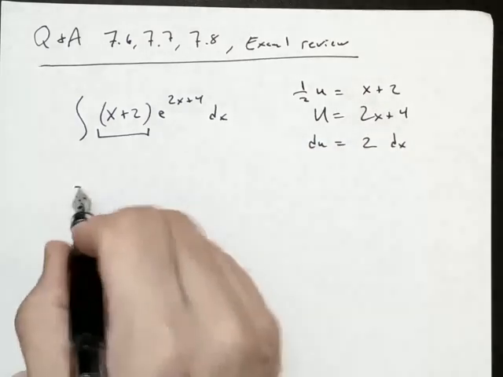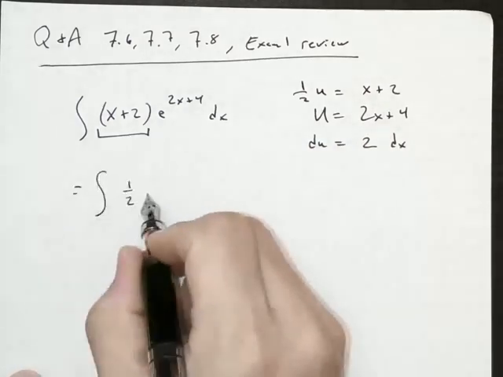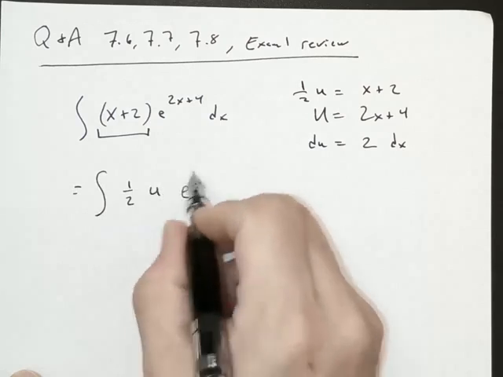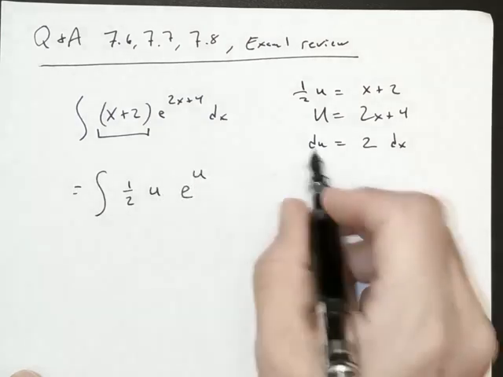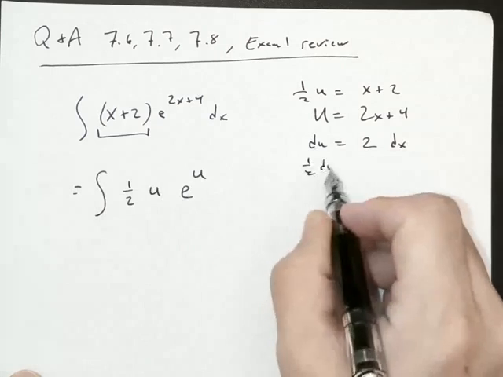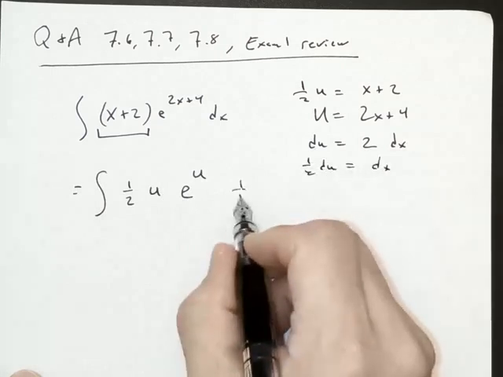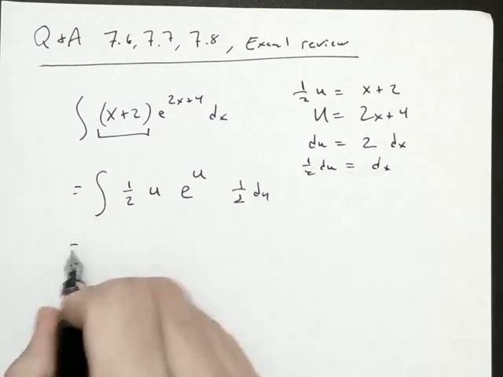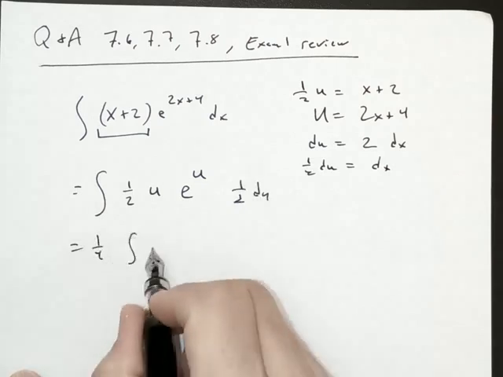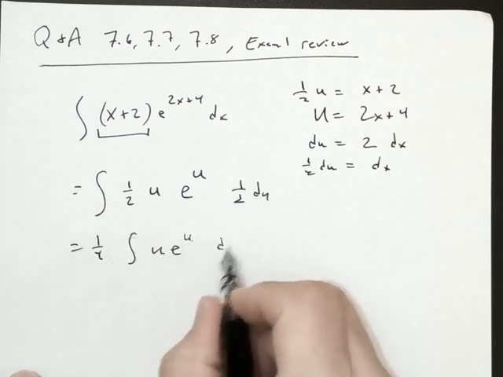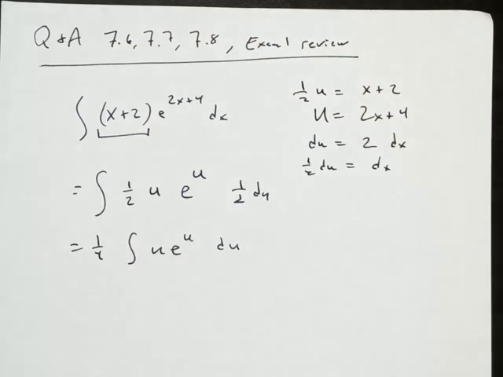And now this integral becomes one-fourth the integral of u e to the u du. And that's integration by parts.